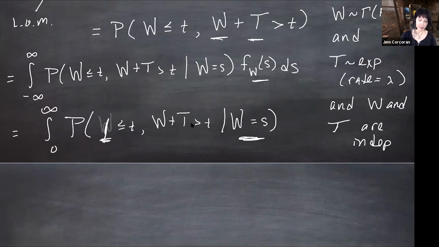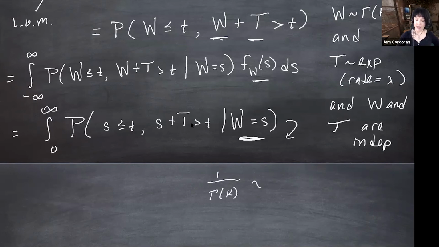So I'm going to go ahead and plug that in, and plug in little s for the other W over here. And then I'm going to finish off the line with the appropriate gamma PDF: 1 over the gamma function at k, lambda to the k. We're writing it as a function of s, so s to the k minus 1, e to the minus lambda s ds.